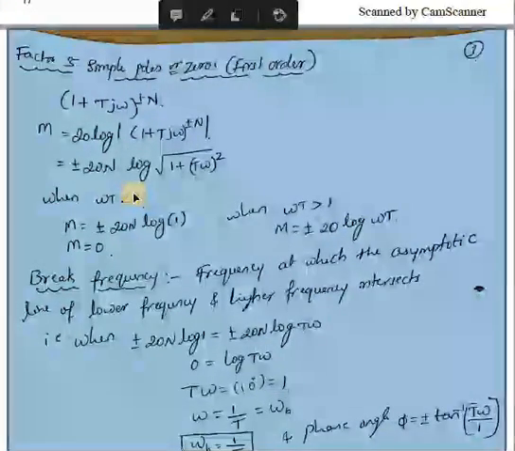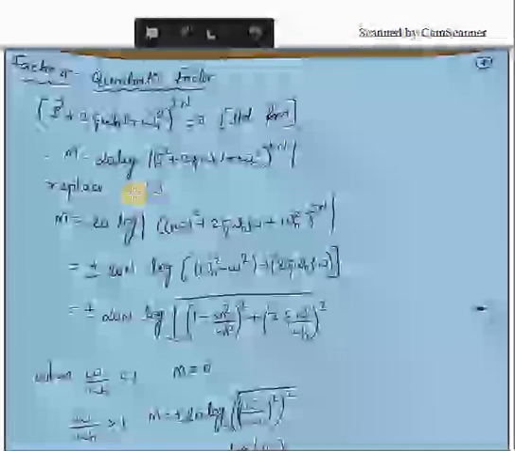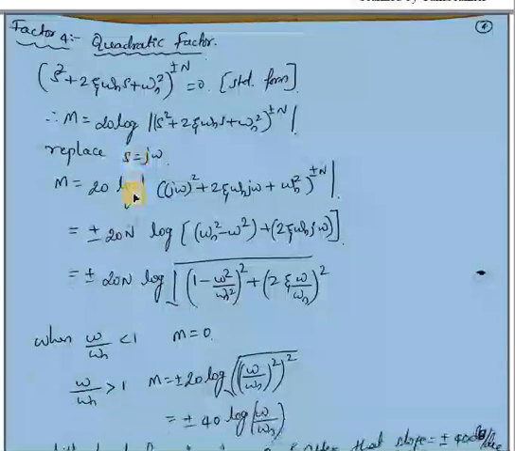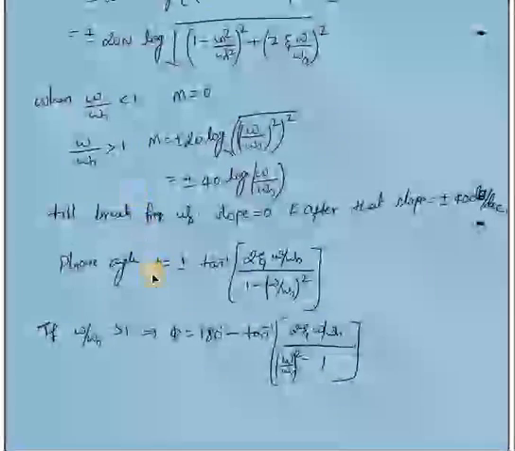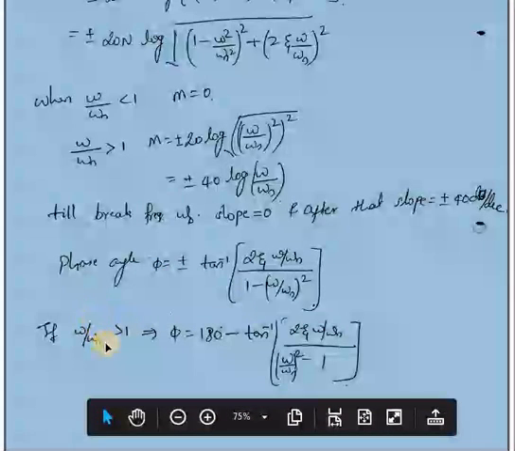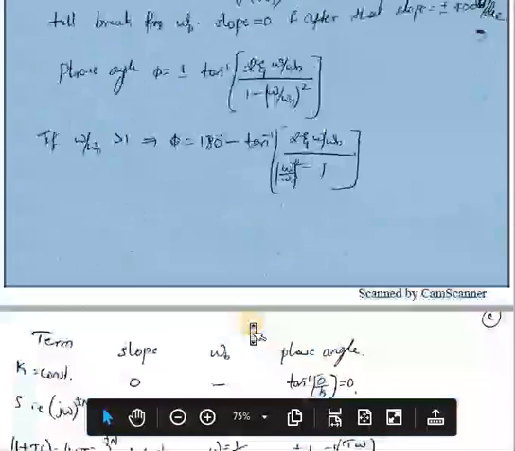Then if the factor is a quadratic factor, how to take the slope, what the magnitude will be, and how to calculate the phase angle. And if omega by omega n is greater than 1, then how to calculate the phase angle, that is 180 minus that angle you have to take.